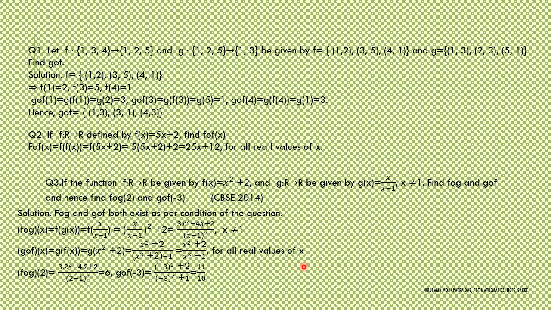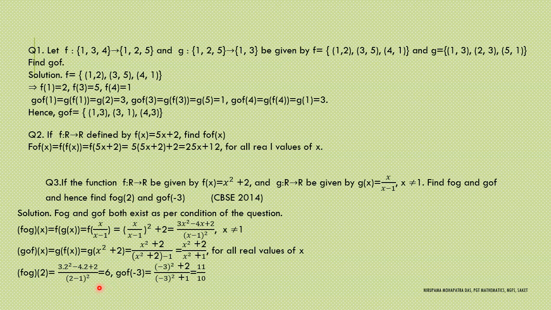real values of x. And the second part of the question is f of g2 and g of f minus 3. We have to find f of g2; f of gx is equal to this much. Now f of g2 means here x will be replaced by 2. So 3 into 2 square minus 4 into 2 plus 2 divided by 2 minus 1 whole square.